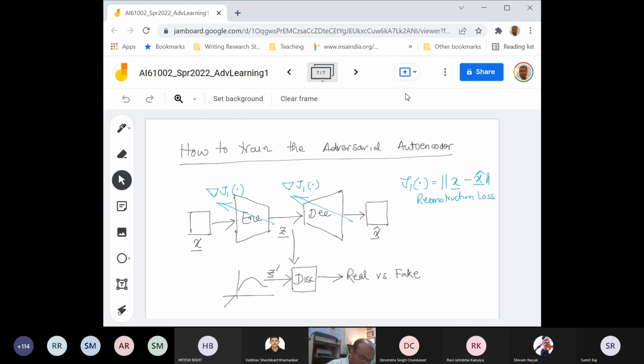Now that you have backpropagated with this nabla of J1, which is good, the next part comes from over here.